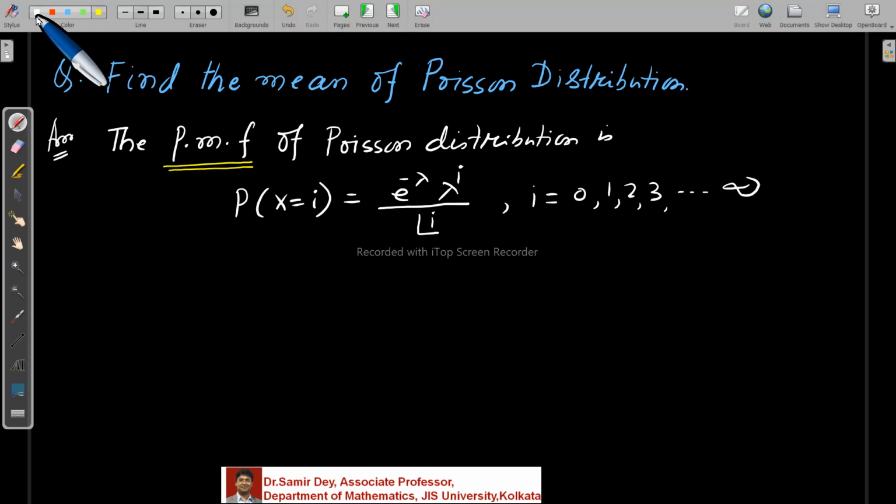So this is the PMF: P(X = i) equals e to the power minus lambda, lambda to the power i by factorial i, where lambda is a constant. Clear?